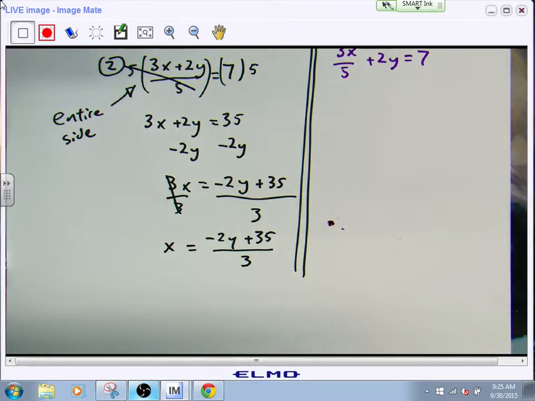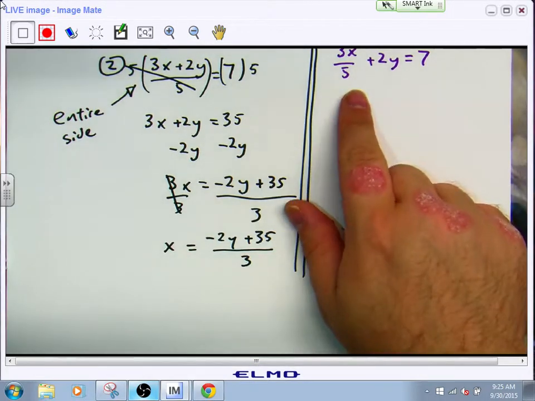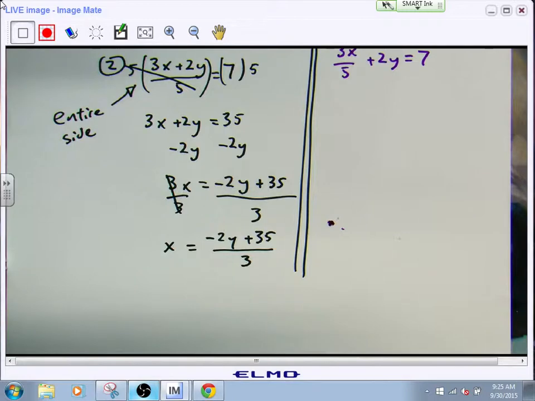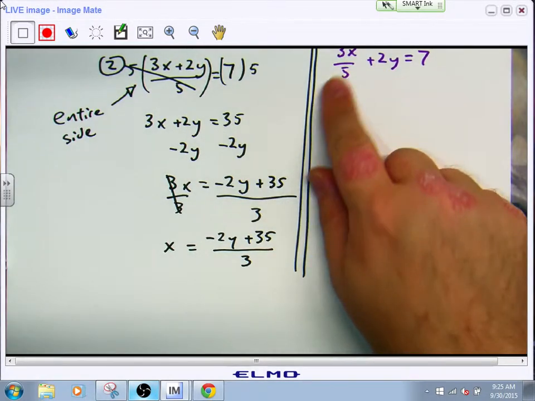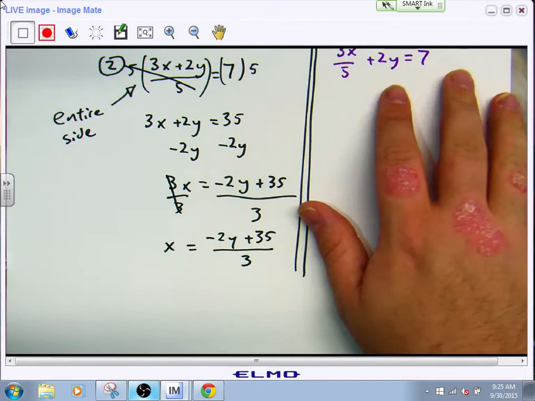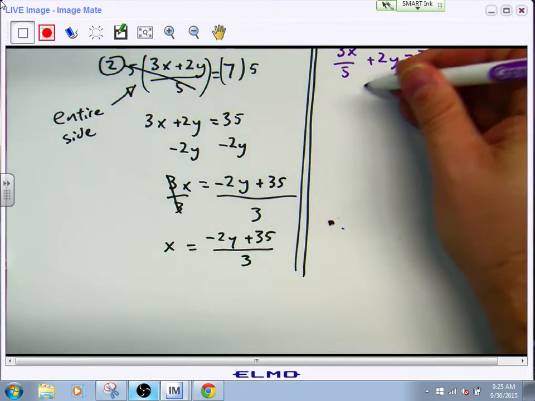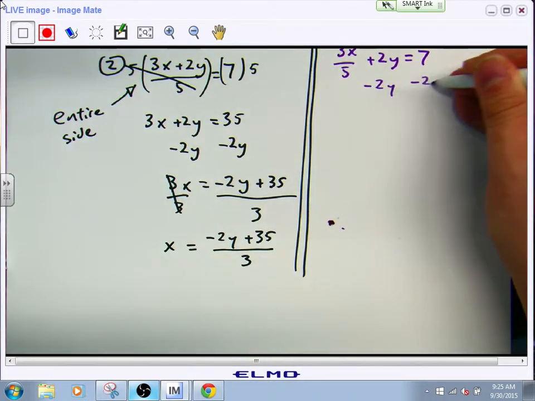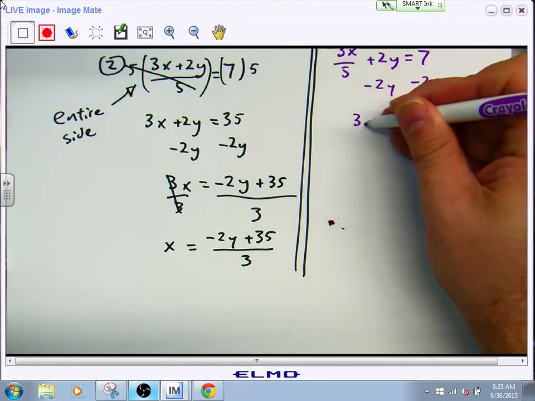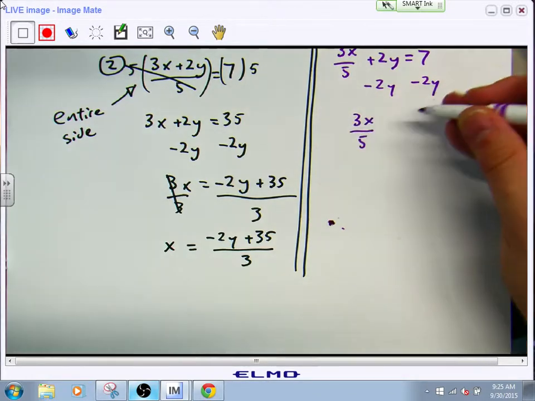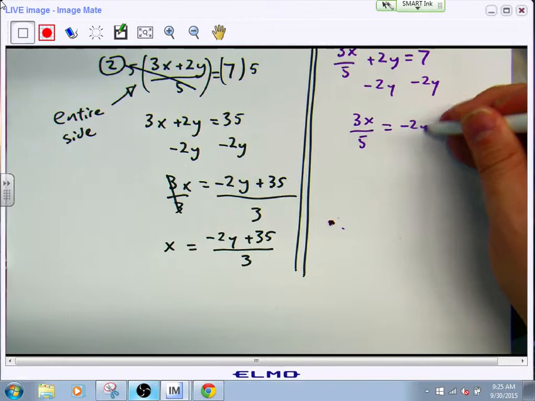Slightly different problem. In this case, the divided by 5 isn't on the entire side, it's just on the x term. So now what's my first step going to be? Well, multiplying by 5 doesn't quite make as much sense on the entire side. What makes more sense is to get rid of this y term first. So I'll get rid of that y term first. 3x over 5 equals negative 2y plus 7.